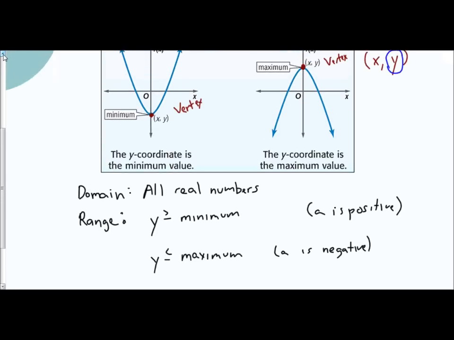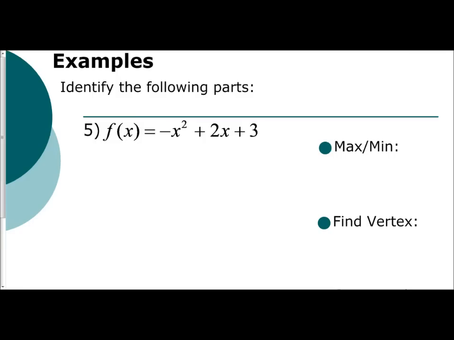If a is negative, my vertex represents the highest point of the graph. All my y values are at that point and under. So we use less than or equal to. When a is positive, it's at that point and higher, so we use greater than or equal to. So understand the concept of domain and range with the idea of maximums and minimums to continue on in the video. Let's look at our first example.